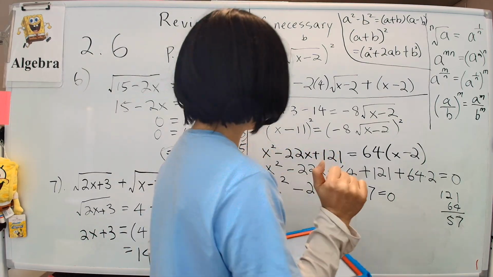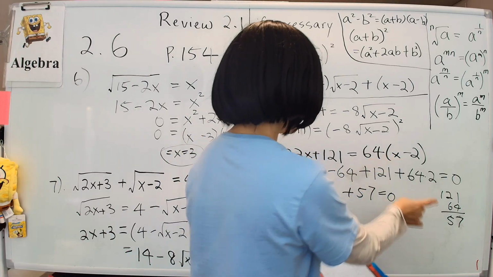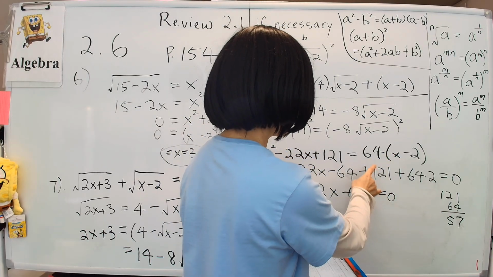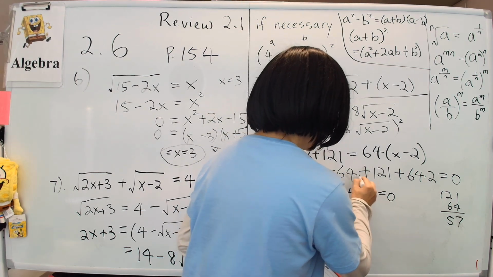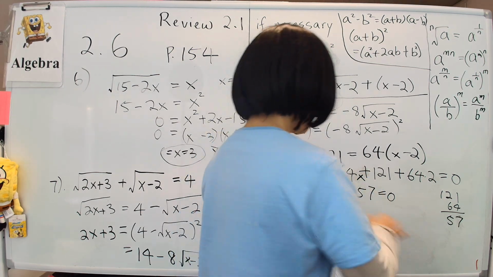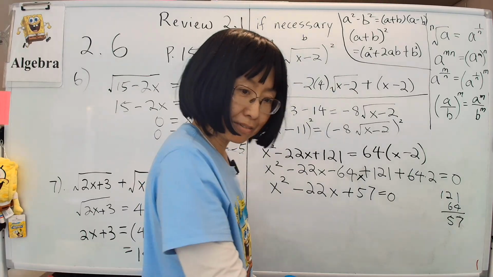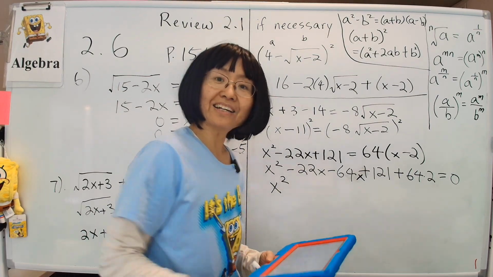Sorry, I made another mistake. This 64 is times x, right? Where's my 64 times x? Yeah, right here. I forgot the x. So this part is not correct. Okay, let me get rid of that. Now let's try again.